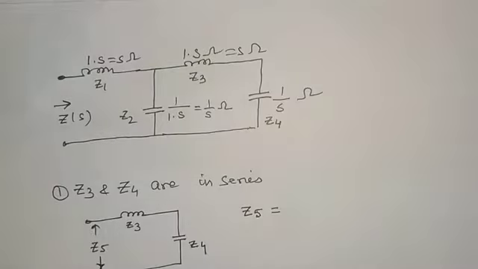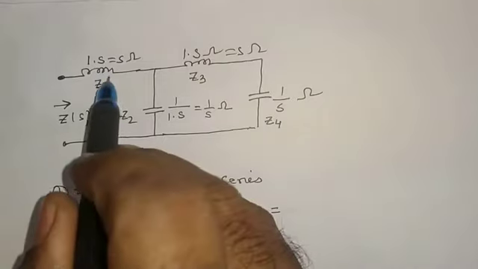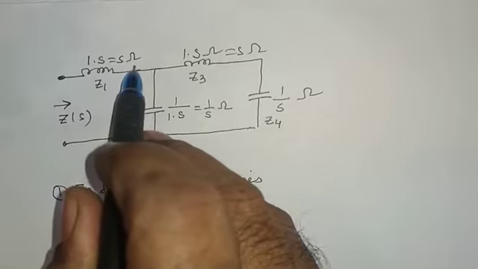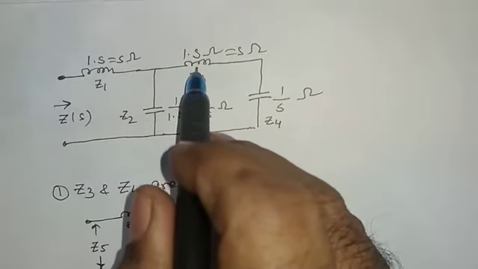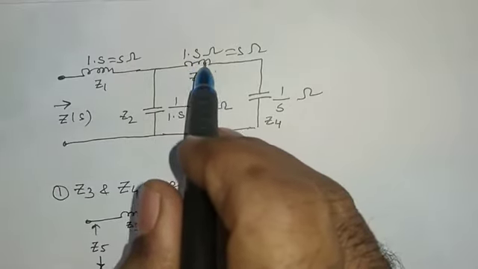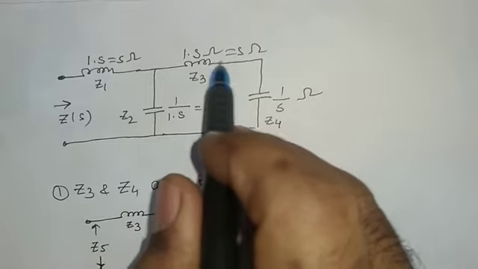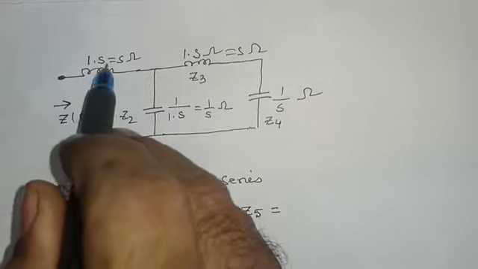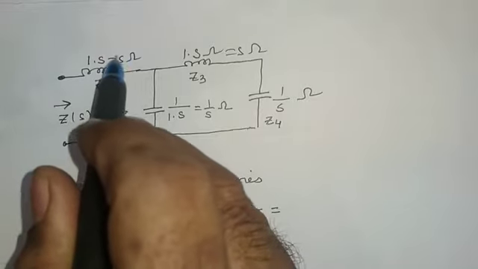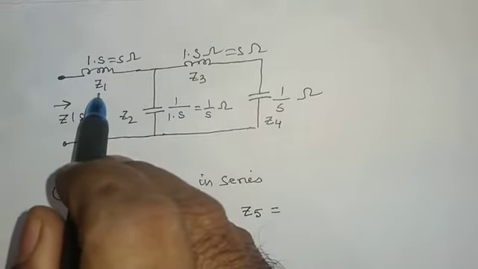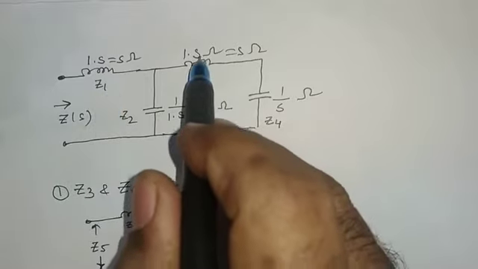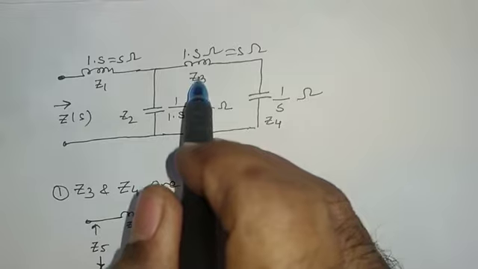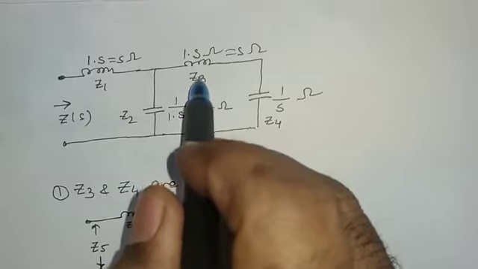Then 1 Henry inductor will be 1 into S, equal to S ohm, and the other inductor, which is also 1 Henry, will be S ohm. This inductor I will represent as Z1, and the other inductance I will consider Z3.